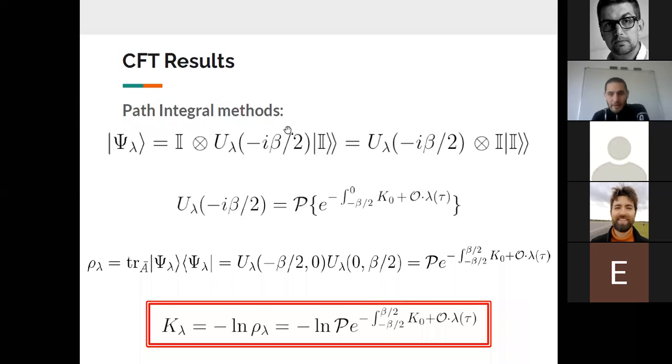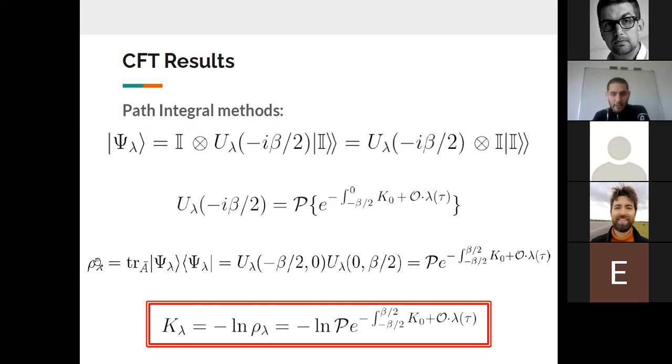So let's begin with a non-Tomita-Takesaki approach to this thing. Let's try to find the modular Hamiltonian of these excited states. And one can see that U lambda is written like this. It's just a deformation of the K0 computation.